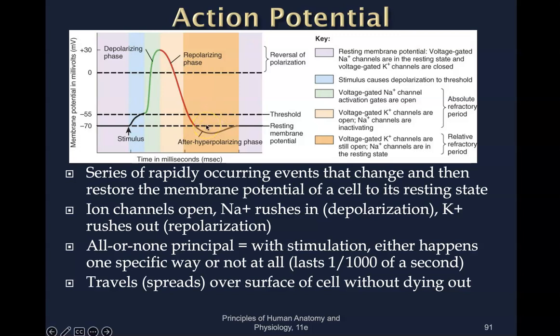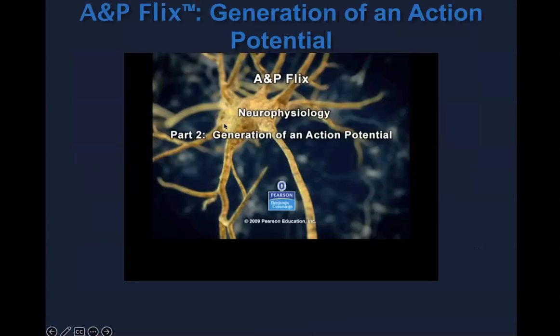So normally we just have to go from negative 70 to negative 55 millivolts. But here you might have to go from something like maybe negative 90 millivolts all the way to negative 55 millivolts. So we need a super strong stimulus, what we call a suprathreshold stimulus, okay, to bring us up to negative 55 millivolts for that activation gate on the sodium channels to open. Okay, so that's why we call this the relative refractory period. So hopefully that helps make sense of the absolute refractory period and the relative refractory period.